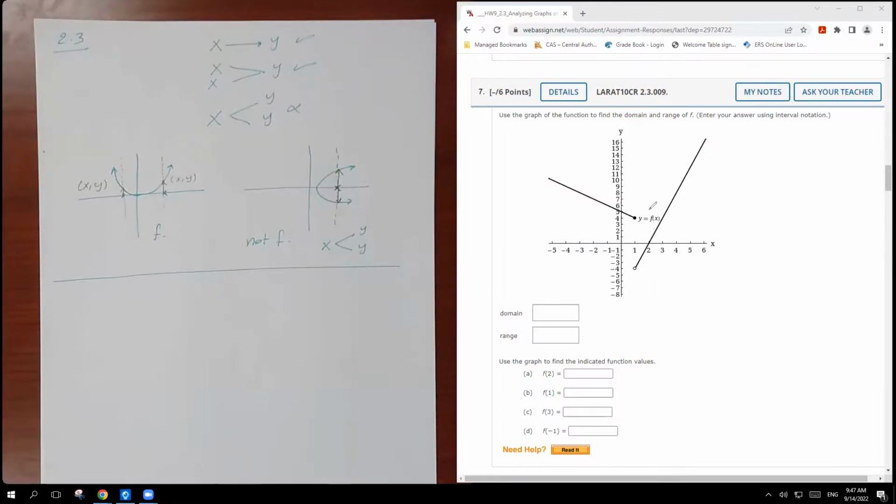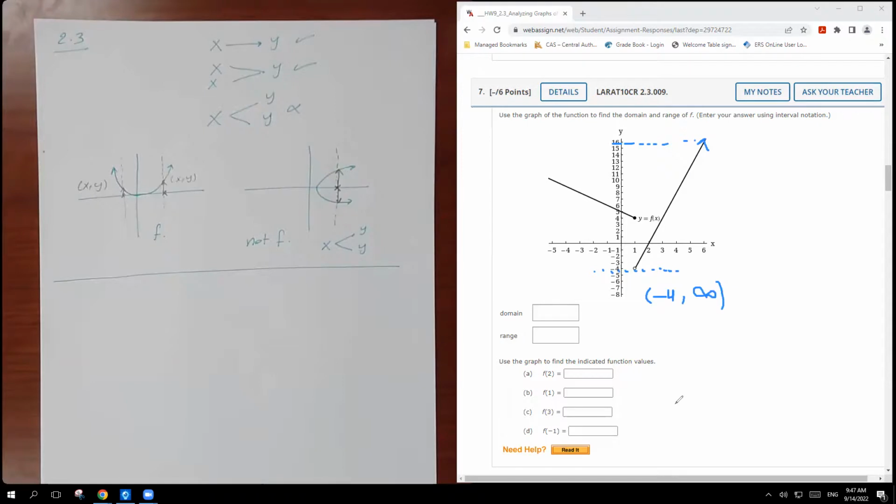The range is going to be, the function stopped until here on the y coordinate. So the range is going to start from -4, with a parenthesis because it's an open circle, and keep going up. You see the function from the y coordinate keeps going up, that means it goes to the infinity.